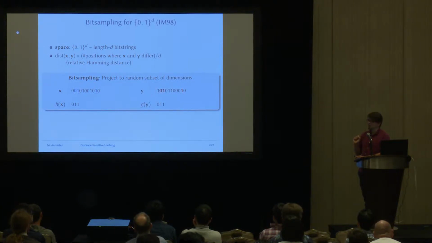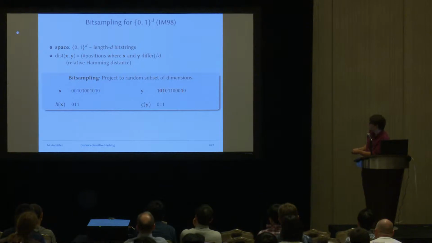And the hash function says, I project down to those dimensions. So the underlined dimensions, that's what our random choice was. And then our hash code here is just projecting down. So that means that x has the hash value 0, 1, 1. y has 0, 1, 1 as well. H and G are exactly the same hash functions here.